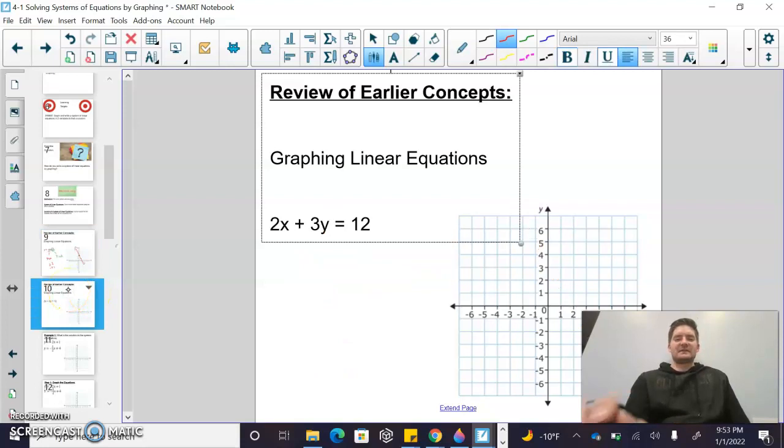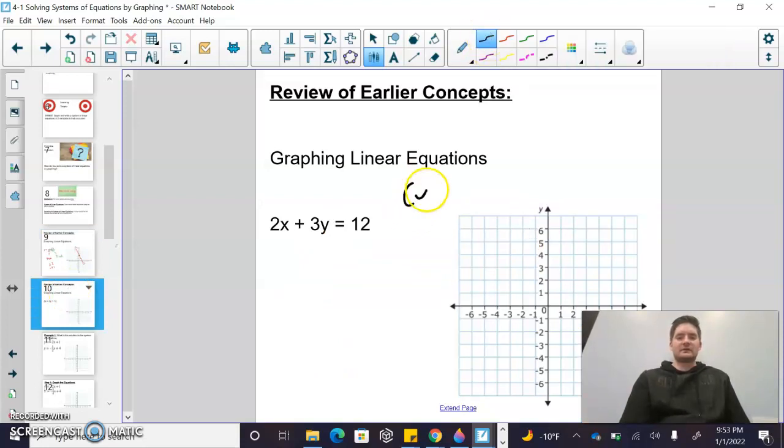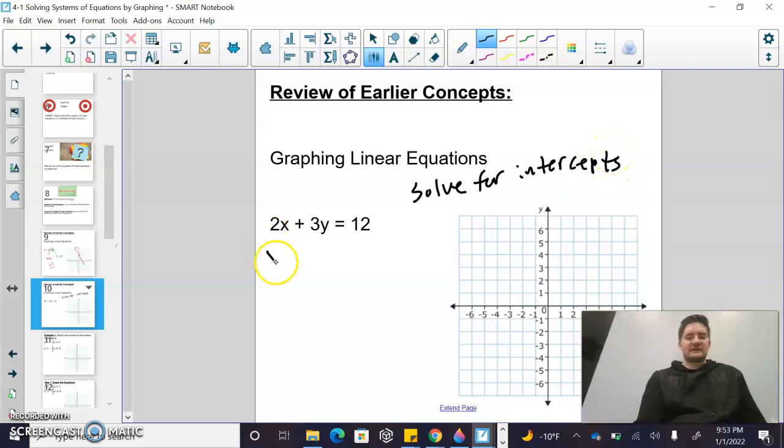Now remember, if you have something in standard form, solve for the intercepts. So I'm writing solve for intercepts on the screen here. To find the x-intercept, you set y equal to 0. So you have 2x is equal to 12.